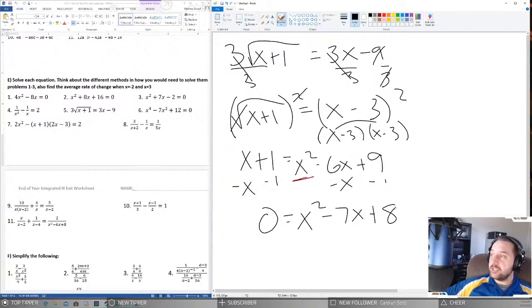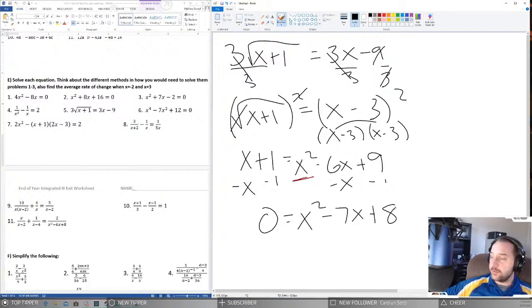So 1 and 8 can give me a 7, but I have to get a positive 8. So it has to be positive 1 and positive 8, or negative 1 and negative 8. And those will either give me 9 or negative 9. So none of those work.